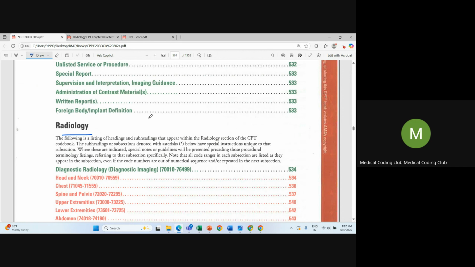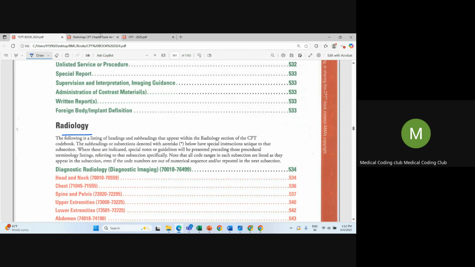The doctor will choose one over the other, right? For a few conditions they'll order a CT scan, for a few they'll order an MRI, and for a few they'll order an ultrasound. So we have to understand how each procedure modality works, what the specification is, and what the procedure identification is. Everything we need to understand in today's session.